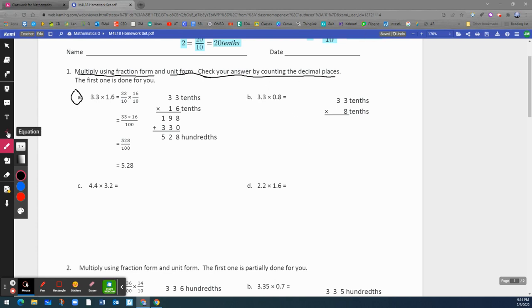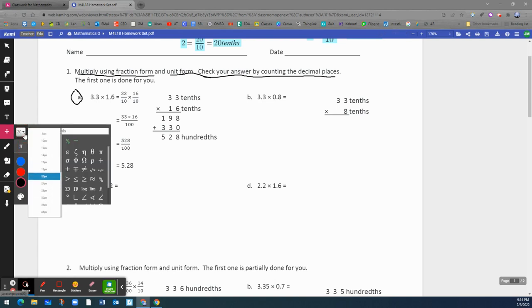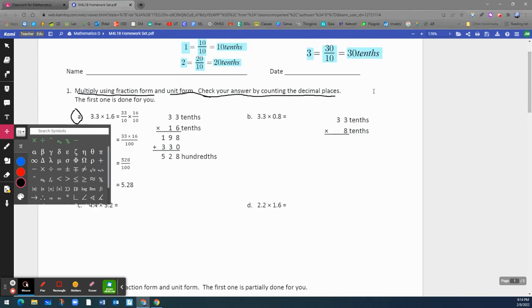So here's what we're going to do right now. We're going to convert that decimal into fractions so that way we can multiply it. As mentioned before, you know that 3 equals 30 tenths or 30 over 10.